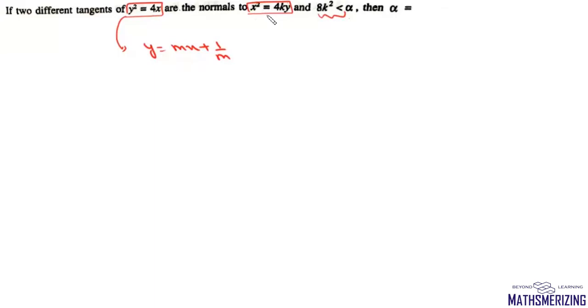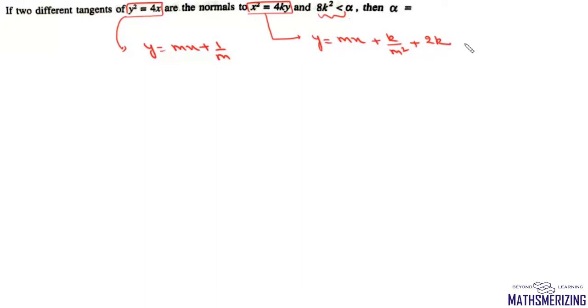And in one of the previous videos, we have also discussed how to write the equation of normal for this third form. So the equation of normal to this third form in terms of slope is given by y equals mx plus a by m square plus 2a. Now a in this case is k, so it will be k by m square plus 2k.